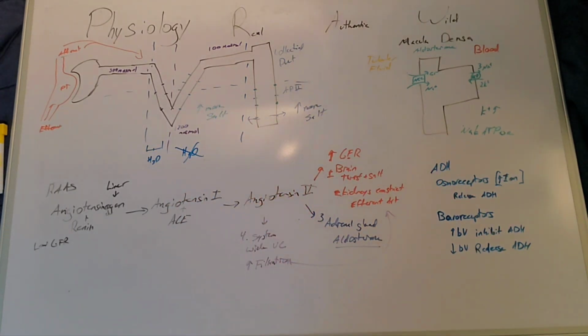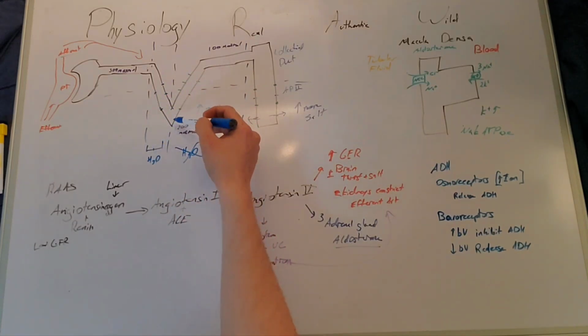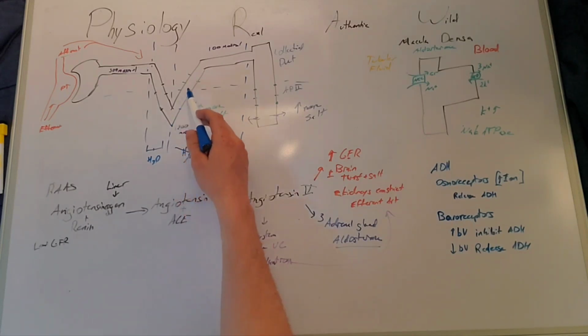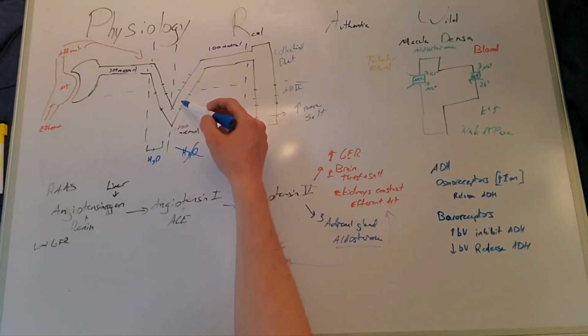Because it's more salty out here, more water is leaving until it gets to the bottom, where it's finally isoosmotic. And then as it travels back up, water can no longer leave.